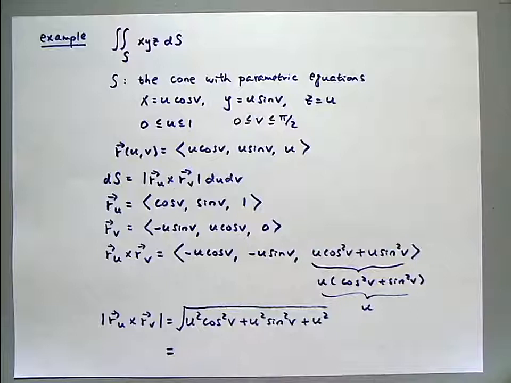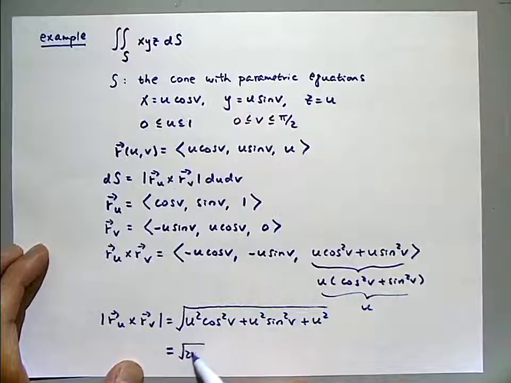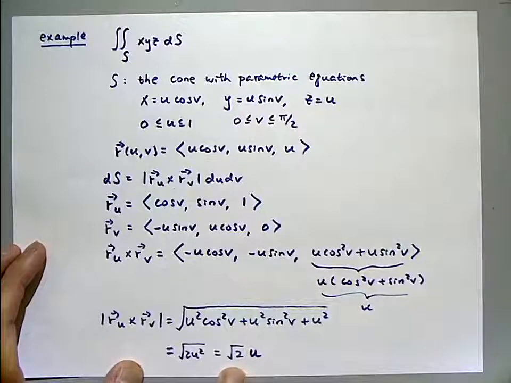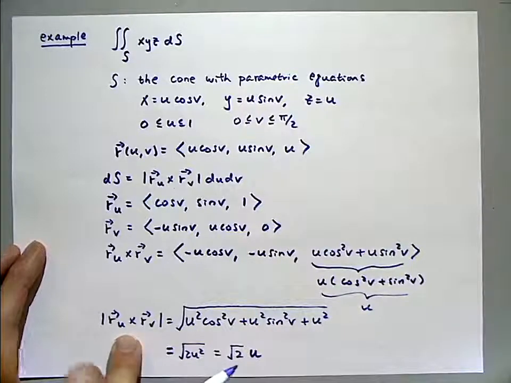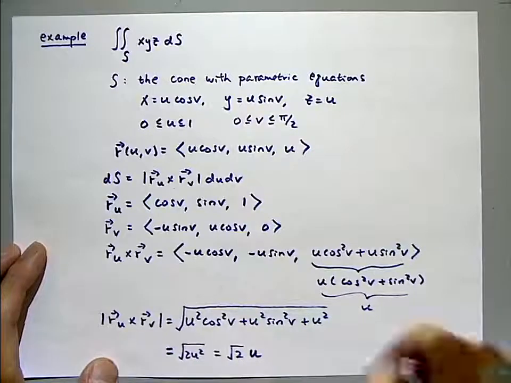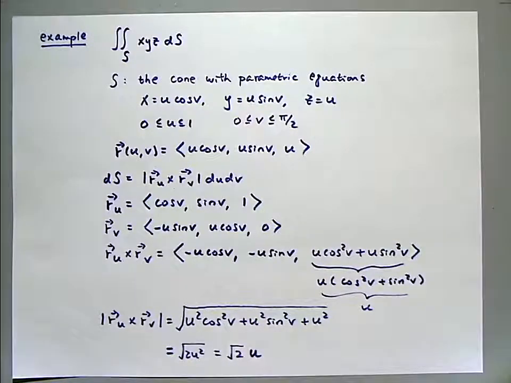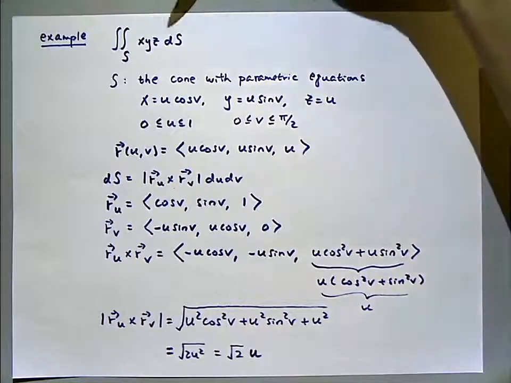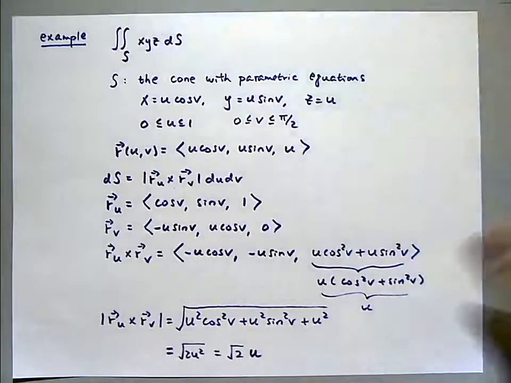So you have 2u squared, which is the same as radical 2 u. And of course, we only take the positive root because we're talking about the magnitude of something. Okay, so far nothing new. This is the same thing you would have done to find the surface area. Now we're going to deal with this xyz.